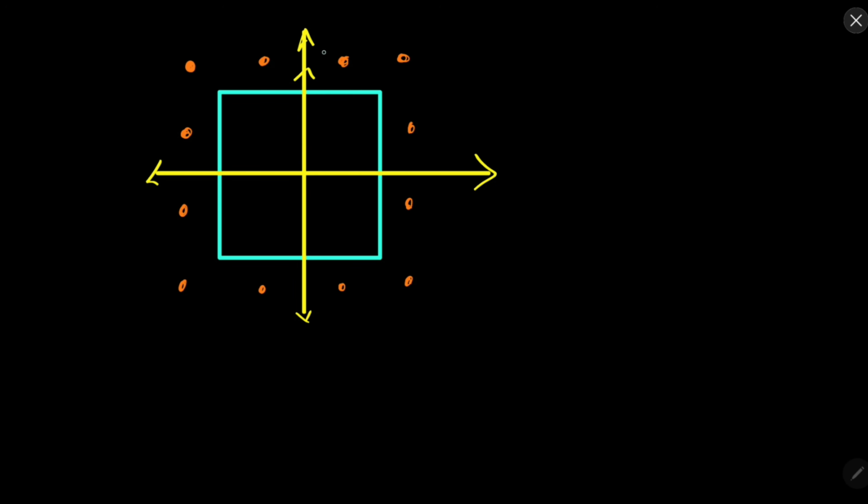The magnetic field is present everywhere, but we are not drawing it here because it will be a bit confusing. And let's say this is our two axis. So there will be one force acting in this direction, one in this direction, one in this direction, and one in this direction. Let's say this is B and this is L.